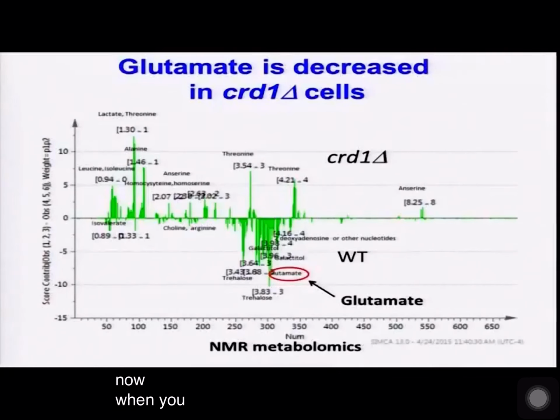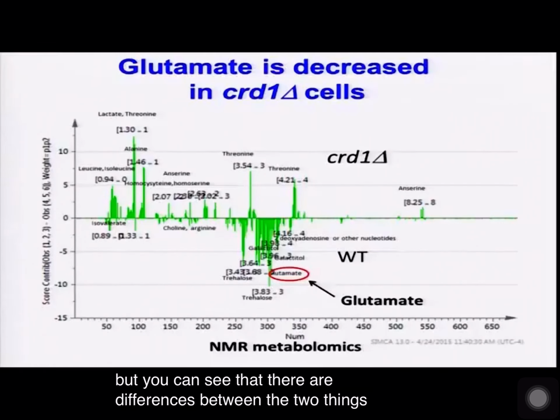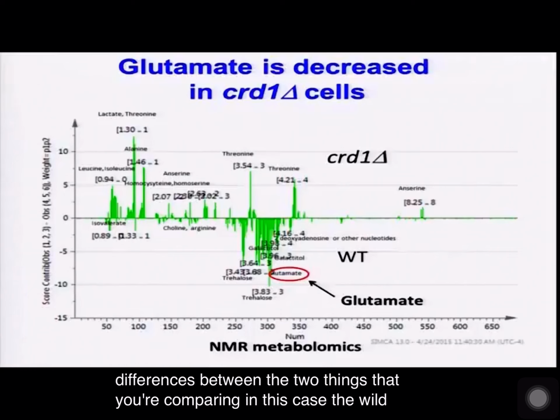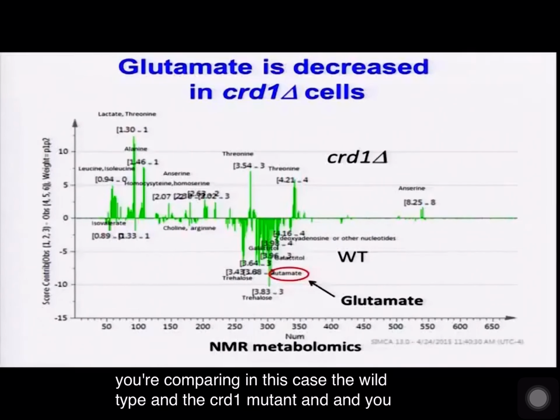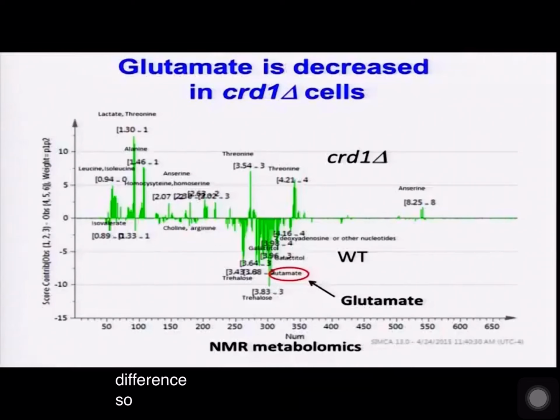Now, when you have all of the data, which is impossible really to show, you can see that there are differences between the two things that you're comparing, in this case, the wild type and the CRD1 mutant, and you look for what metabolites cause the difference. So these peaks refer to metabolites that are more prevalent in whatever strain we're looking at.